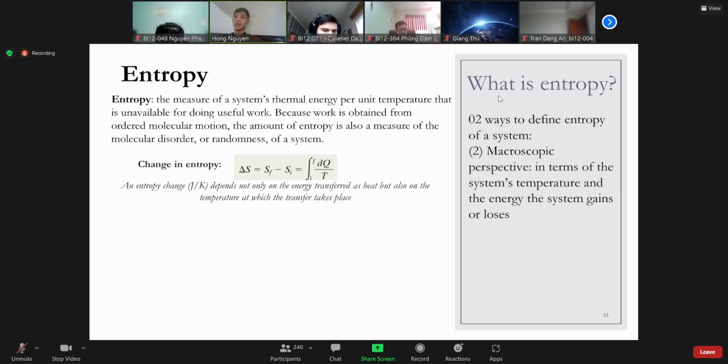Okay, it depends on the heat transferred from or to the system, but also on the temperature at which the transfer takes place. So it depends on two things.